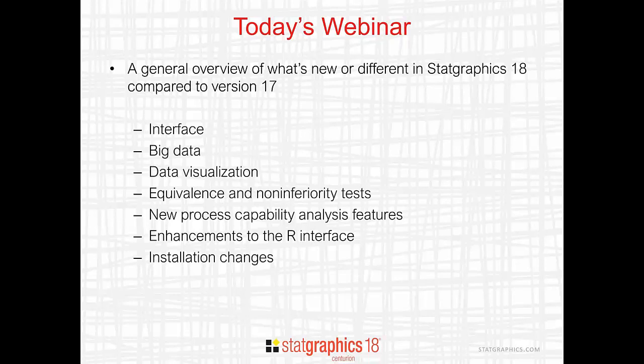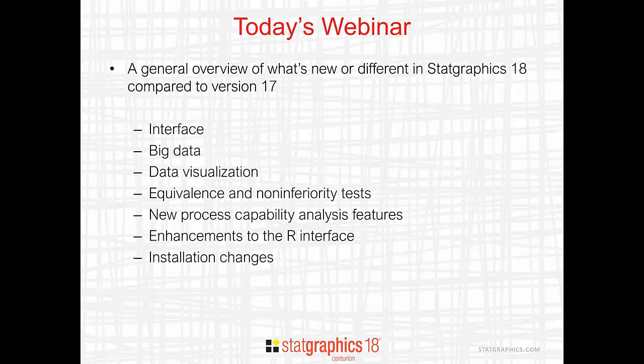Today's webinar is as follows. I'll start by talking about the general interface, what we've done to the interface. I'll show you methods for handling big data with a particular example that contains about 7 million rows. I'll show you some of the newer procedures for visualizing data, and then talk about one of the important additions to the statistical capabilities of the program, and that is the addition of equivalence and non-inferiority tests.